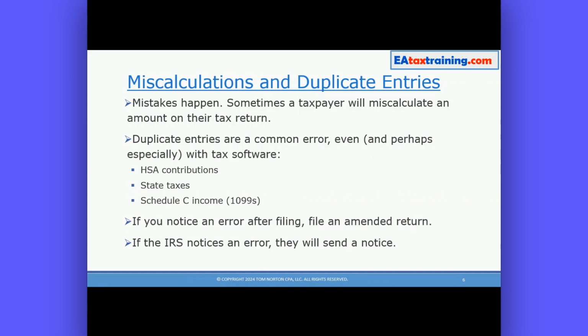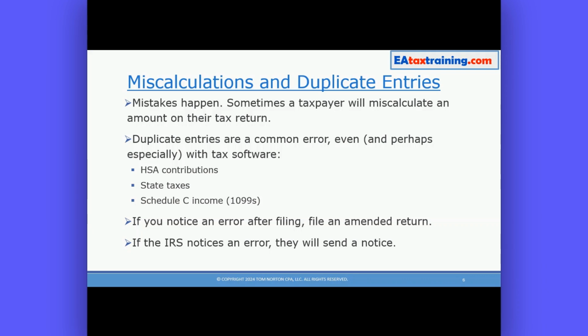And sometimes the tax preparer doesn't realize that, and then they will enter that same information again and it will get double counted. So some of the common places that happens are with HSA contributions, state taxes, especially state income taxes, sometimes also real estate taxes, and then on Schedule C income, specifically from 1099s.